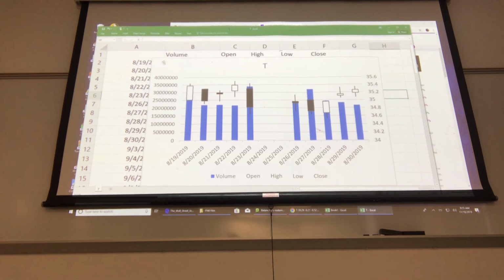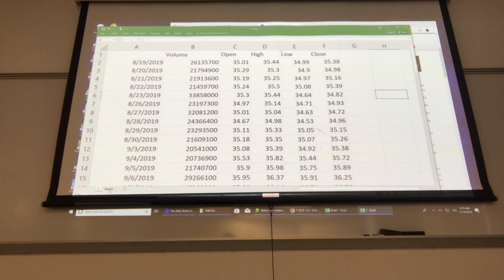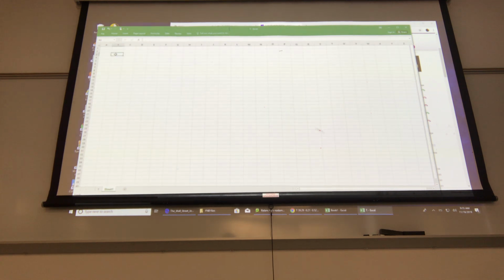You take that data, and I would like you to go to another sheet here, cut your graph from here, and put your graphs here. This way you can have one part of your Excel where you will have your graphs.